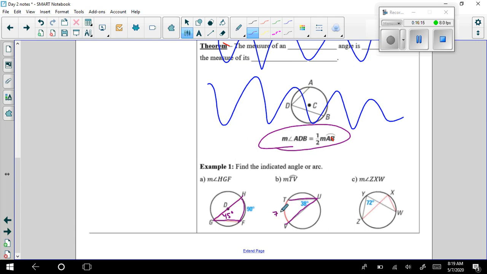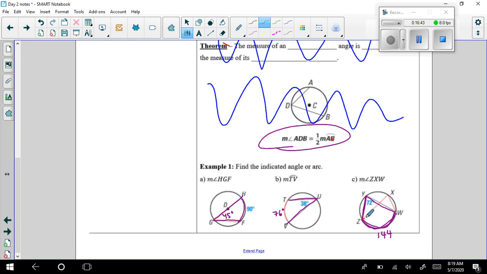So 76 degrees will be this arc. And then careful on these. So this is 72. Right, so ZW is double that because that's its intercepted arc. So ZW would be 144.